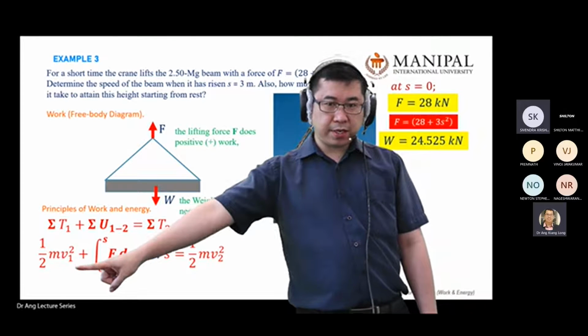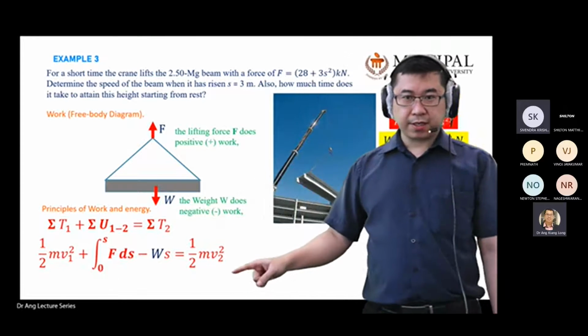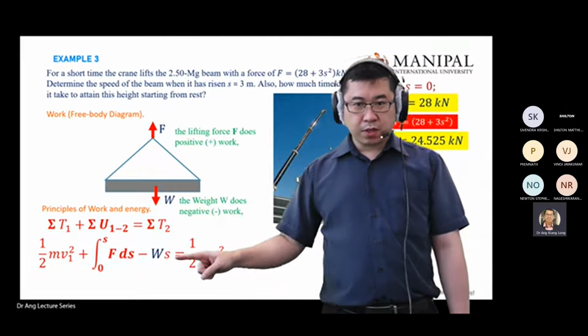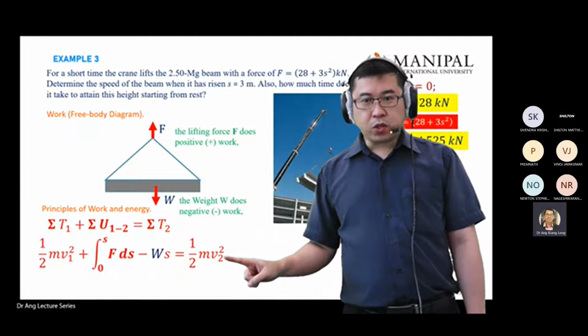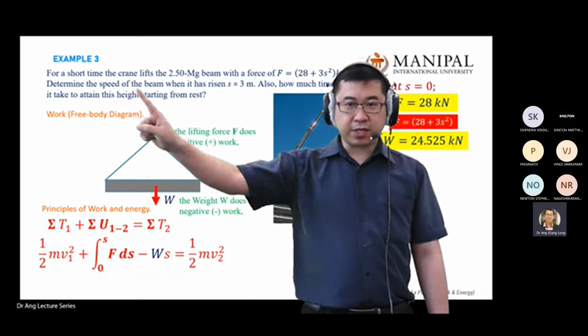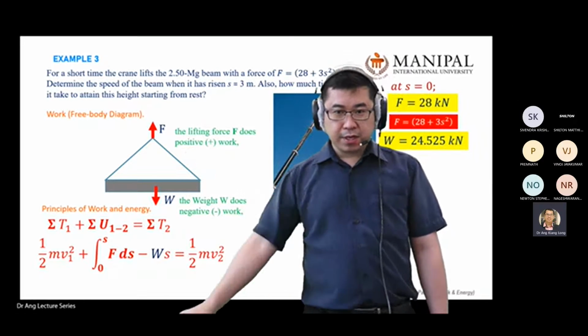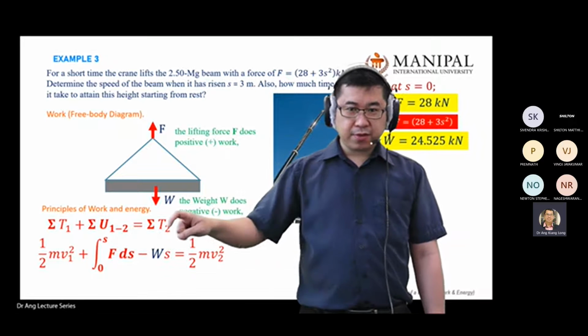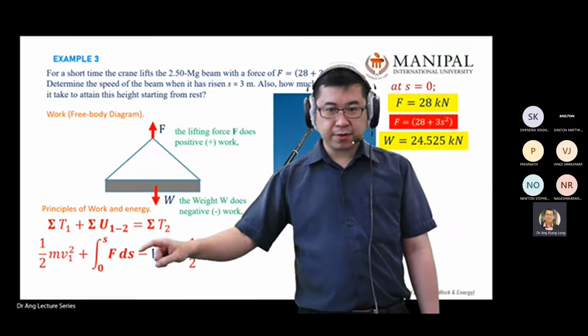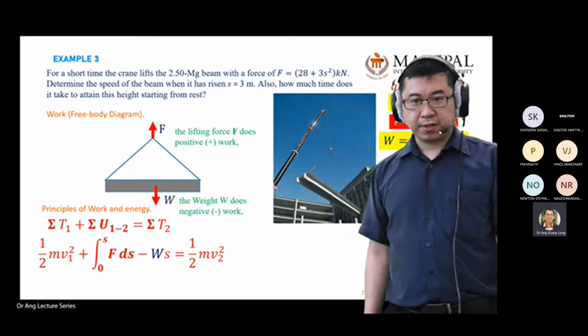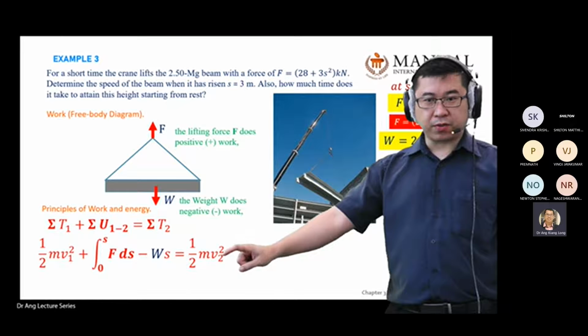Should be v1? 0, sir. Correct. Starting from here, so it should be 0. So v2, we need to find. The question asks us to find v2. F we have. W we have. Displacement we have. So basically there's only one unknown there, right?